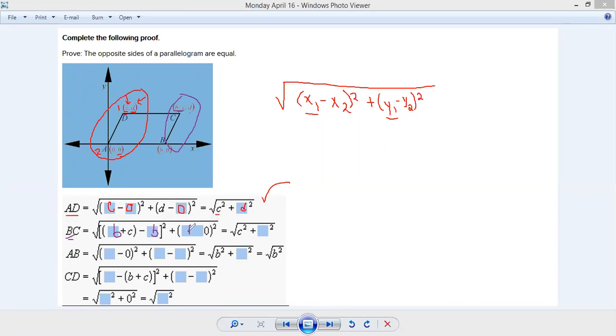So that's just going to be D, minus 0. So you have to put that minus there too. So when you do B plus C minus B, you just get C squared. That's correct. And then when you do D minus 0, you get D squared. And that's the coordinate for that.